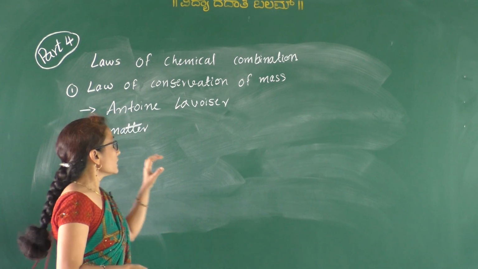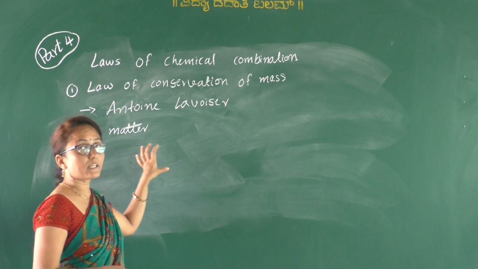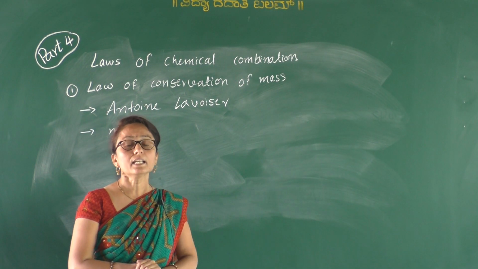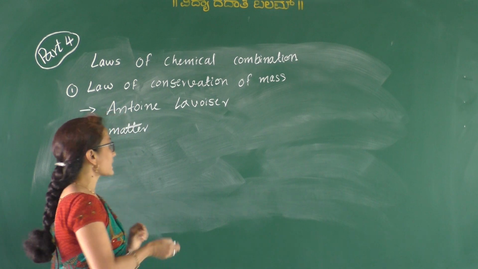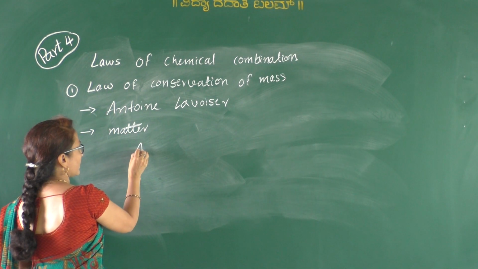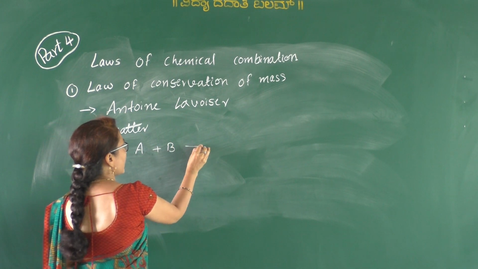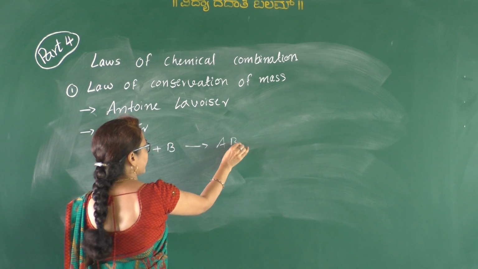That means the total mass of the reactants is equal to the total mass of the products in a chemical reaction. For example, consider a chemical reaction in which A reacts with B to give the product AB.